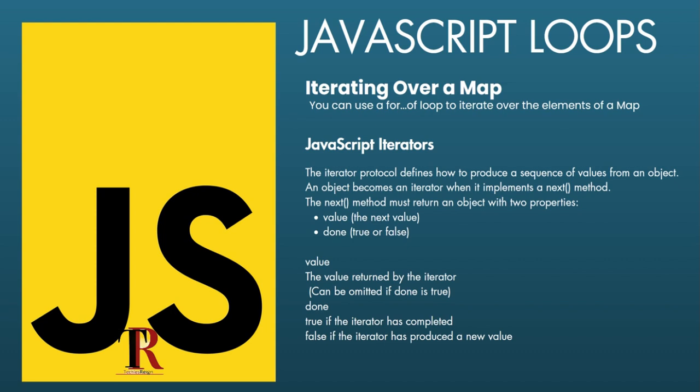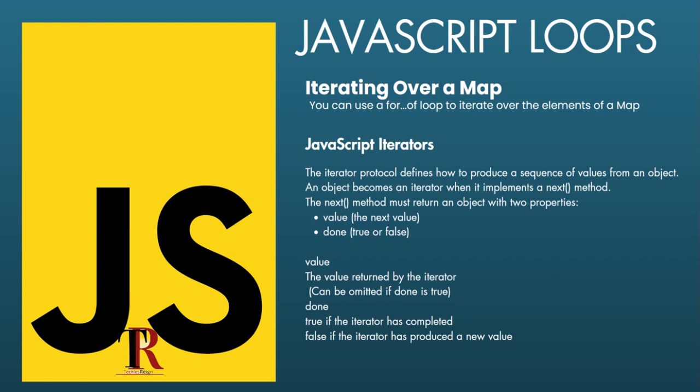So by convention, when you iterate over anything, maybe an array or an object, there's a protocol that defines how to produce a sequence of values from an object, which means that it has a pattern that the iterators will follow in order to produce the values that are needed from an object. An object becomes an iterator when it implements a next method. The next method must return an object with two properties: the value, the next value, and done, true or false.